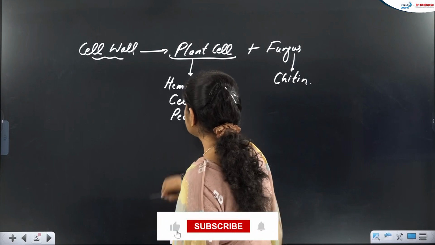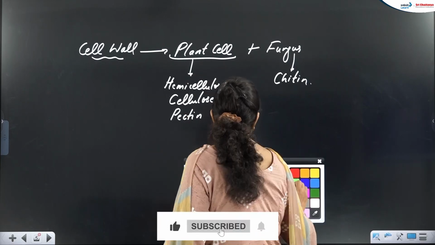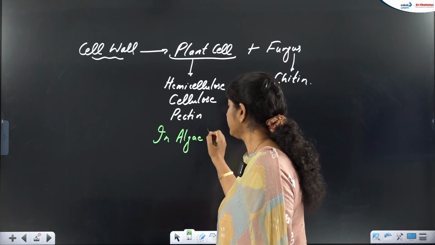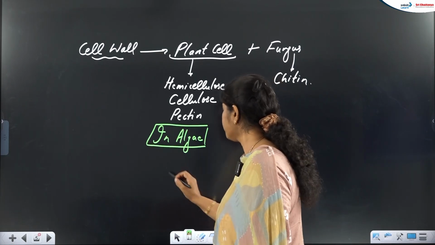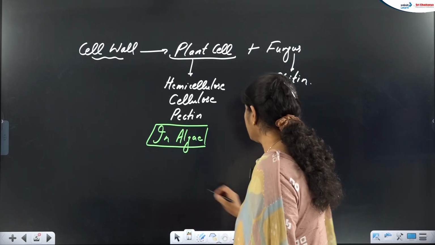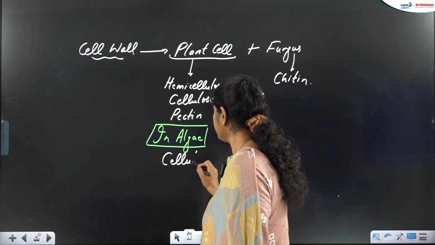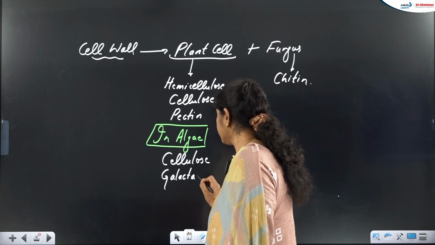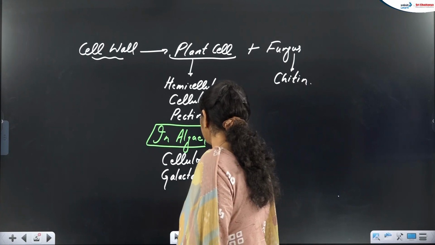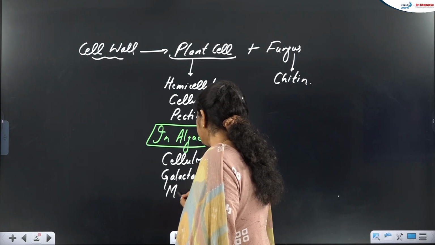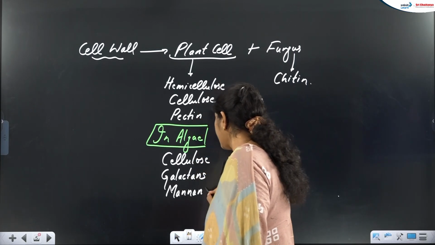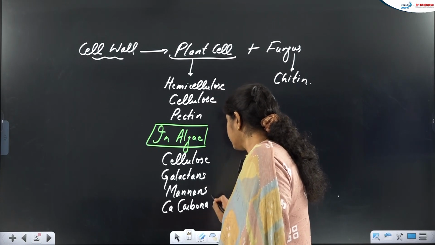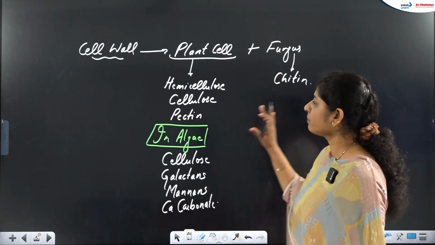Now among the plants, in the case of algae, it is made up of which type of substance? Cellulose, galactans, mannans, and minerals like calcium carbonate. Fine. This is the composition.